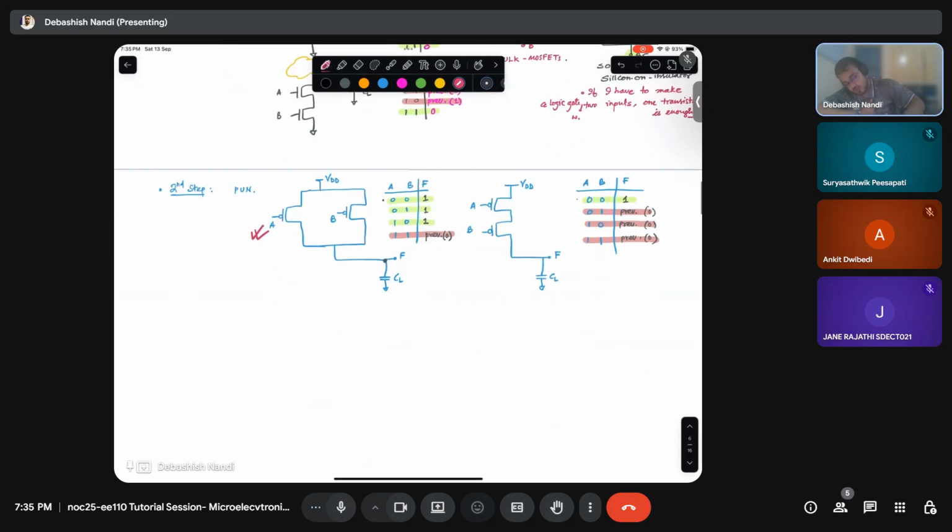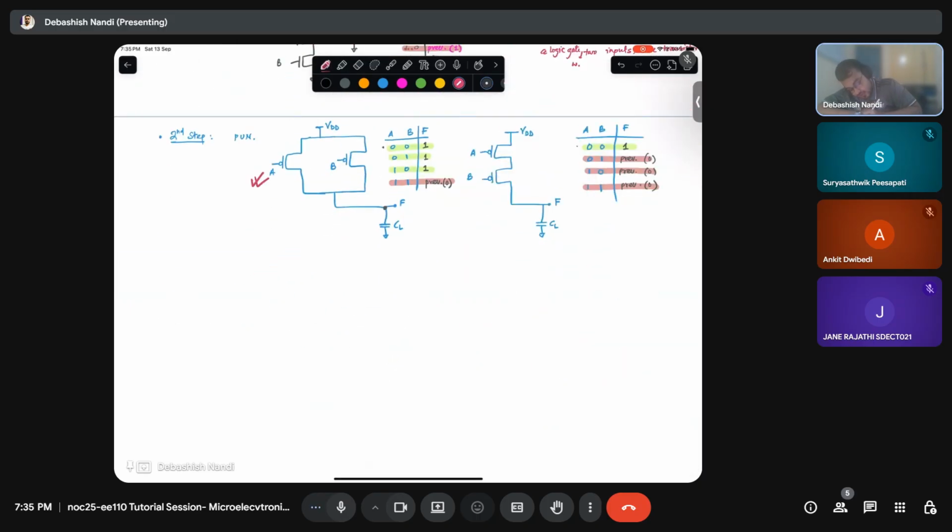So now how do I connect my 2-input NAND gate? This will be my pull-up network, and this will be my pull-down network. Is it okay? This is my 2-input NAND operation.